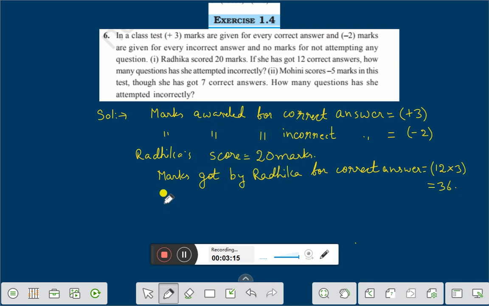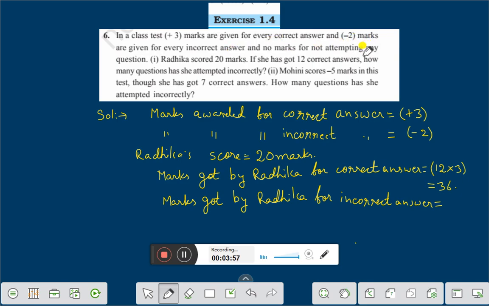Now suppose marks got by Radhika for incorrect answers. Here you see that for every incorrect answer, minus 2 marks.